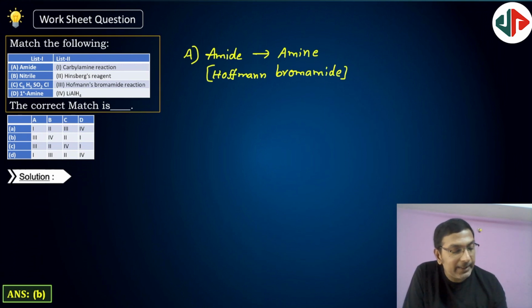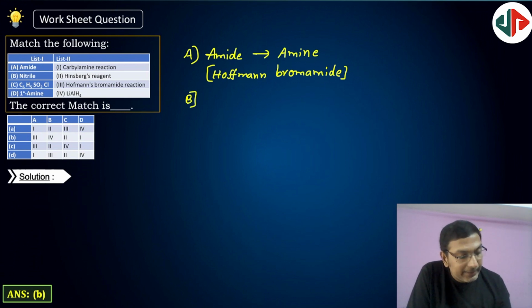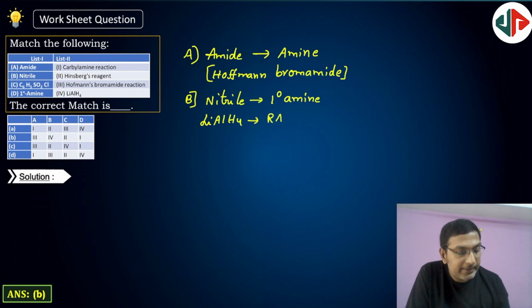Hoffman bromide reaction. Next, option B, nitrile. Nitrile will be converted to primary amine by reducing with lithium aluminum hydride. LiAlH4 reducing agent.